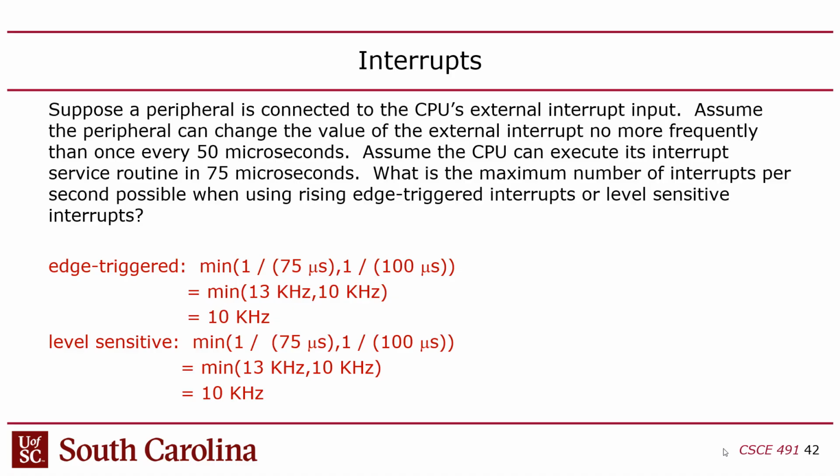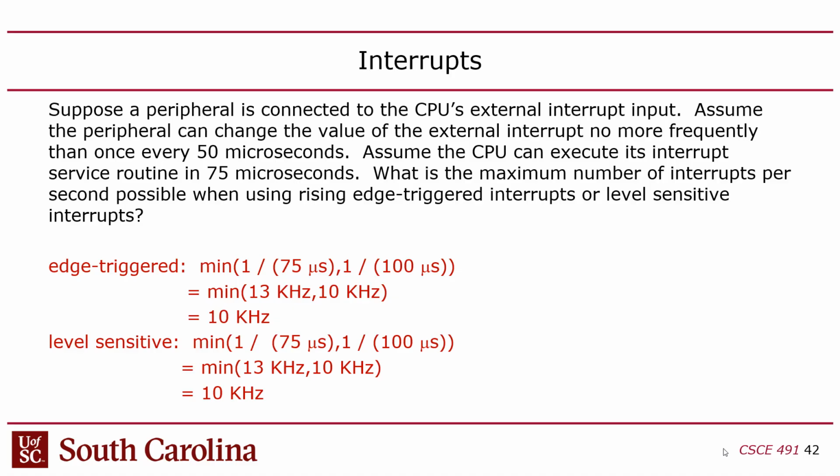And then with edge triggered, the maximum rate for getting edges in would be 100 microseconds, because I'm going to be 50 low, 50 high, 50 low, 50 high, right? And so in that situation, the bottleneck is how fast I'm toggling the interrupt pin, which means the interrupt rate would be 10 kilohertz, right? Because the CPU is able to get in and out of the ISR faster than the peripheral can toggle the interrupt. Makes sense?